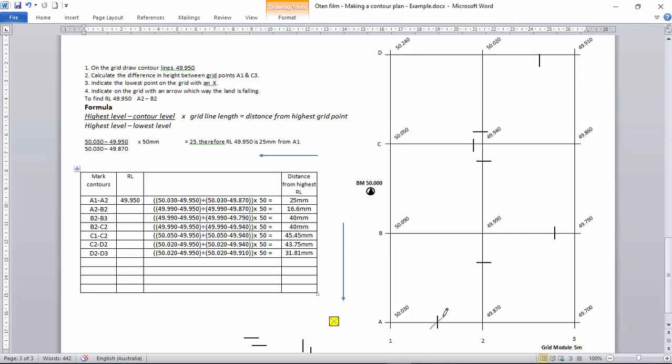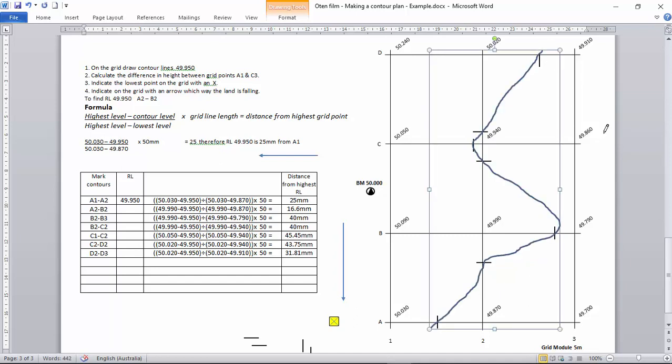Now if you see the contour, it goes down here, we go down and around. We don't draw straight lines like with a set square because that's not how it actually works in real life. So there we have, we've got our contour line in at 49.95.